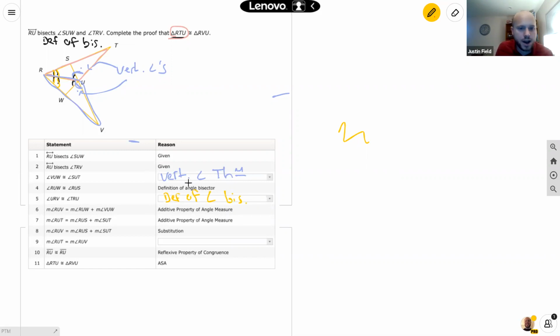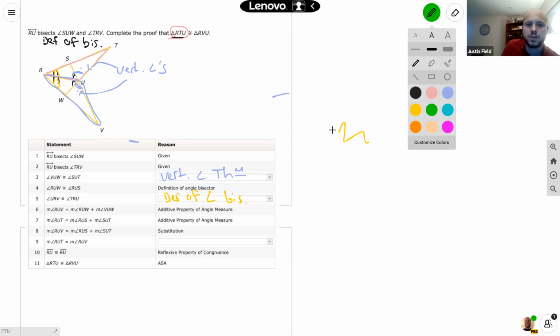Okay, now the additive property of angle measure. We called it the angle addition postulate, but it's saying that RUV, which is the blue angle. I said the vertical angles, we're calling those the blue angles. So the whole thing we'll call the green angle.